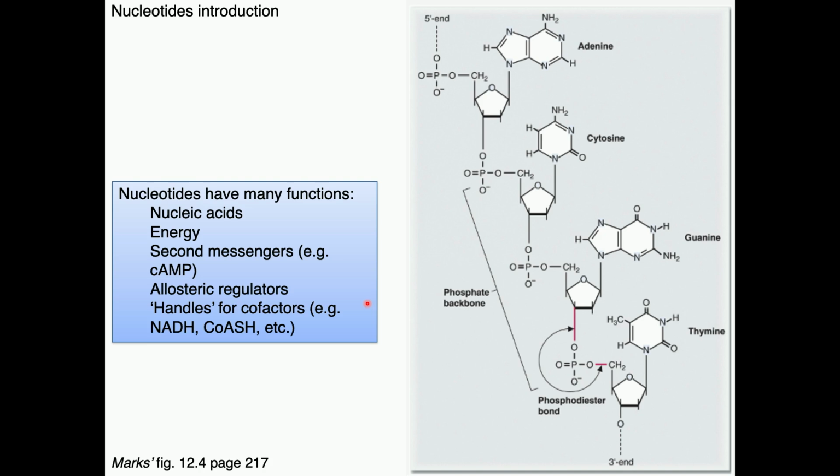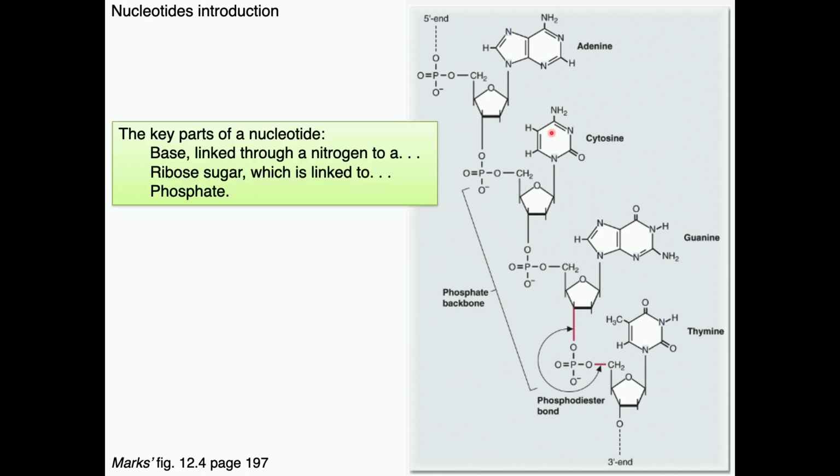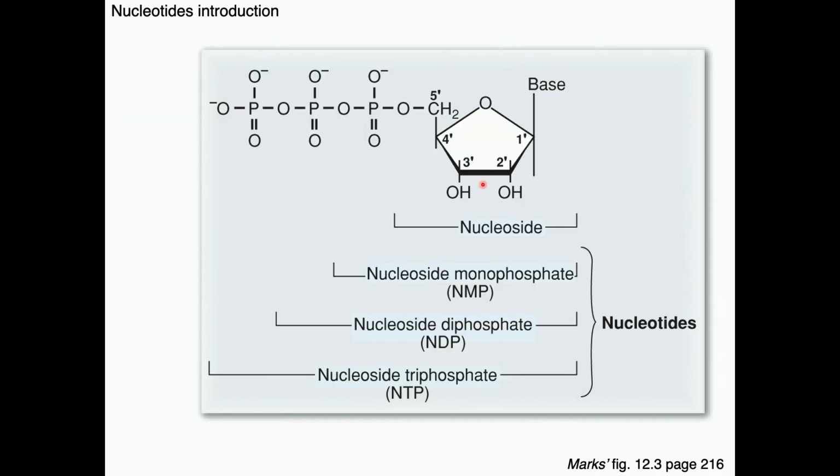In terms of the structure of a nucleotide, the key structures are a base, linked through a nitrogen to a 5-carbon ribose sugar, and then that ribose sugar is linked to a phosphate. So the three components of a nucleotide are the base, the ribose sugar, and the phosphate. Just in terms of nomenclature, I get this wrong all the time, but the base is not the same thing as a nucleoside and not the same thing as a nucleotide.